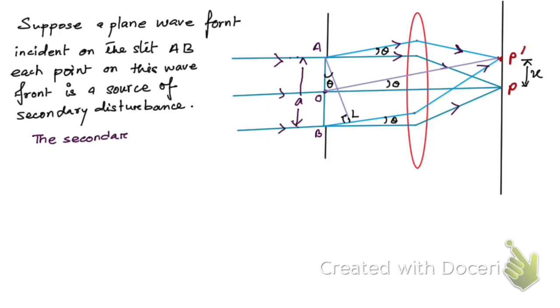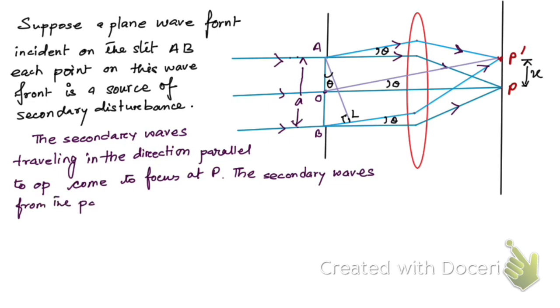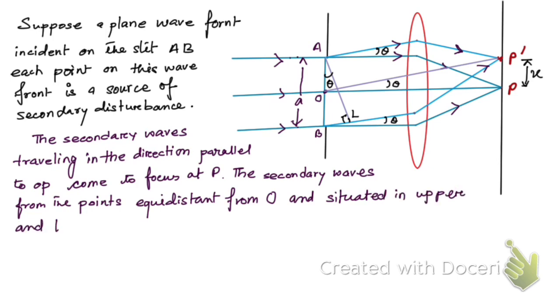And the secondary waves traveling in the direction parallel to OP come to focus at P, and the secondary waves from the points equidistant from the center O of the slit, situated in the upper and lower halves. That means you can take the points A and B. From these two points we have two secondary waves that are focused at P, right?